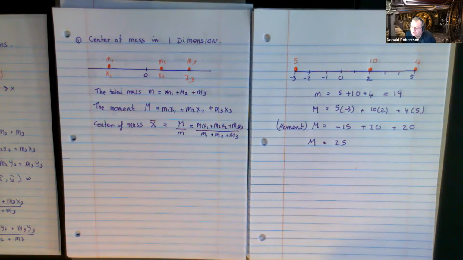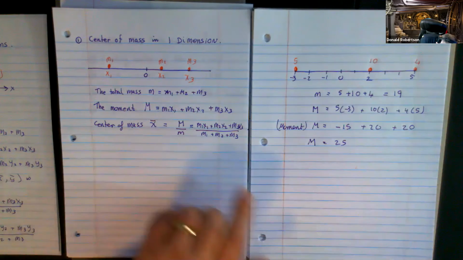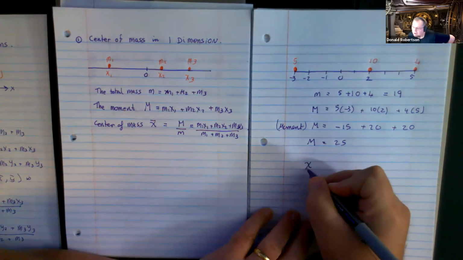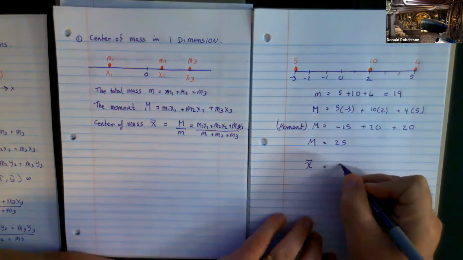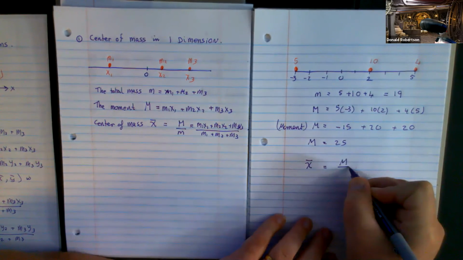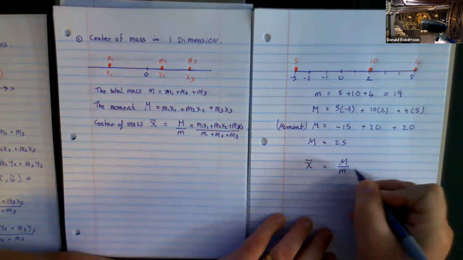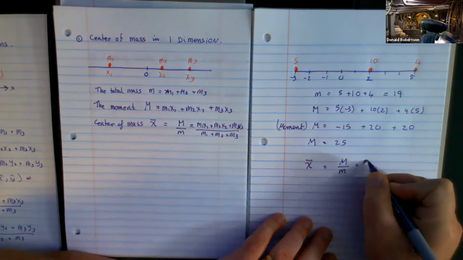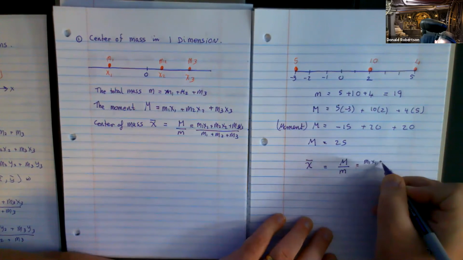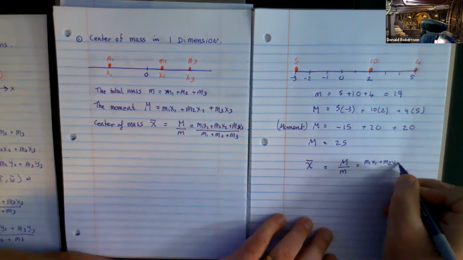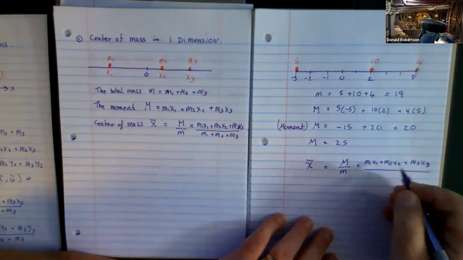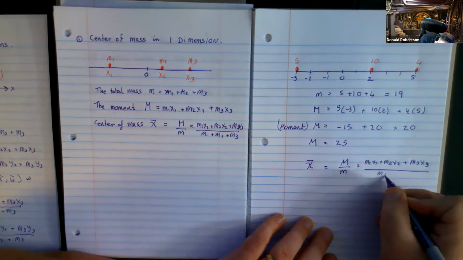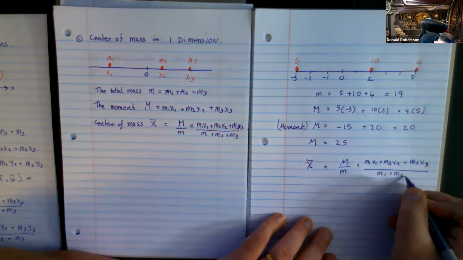So far, so good? So what is the center of mass? The center of mass, we use that. It's like the average x position. And it's the moment over the total mass. It's basically m1x1 plus m2x2 plus m3x3, that's the thing we call the moment, over the total mass, which is m1, m2, m3.